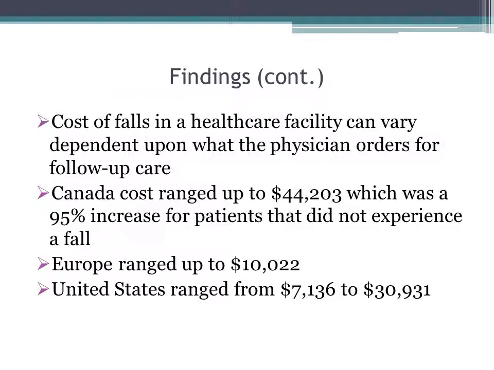That is a huge jump. And again, it depends on what was ordered for that patient. In Europe, it ranged up to around $10,000 and some odd dollars, and the United States had a low range of $7,136 all the way up to almost $31,000.